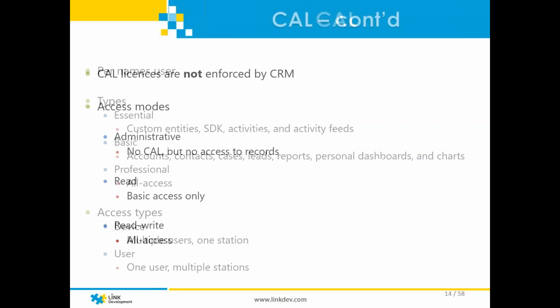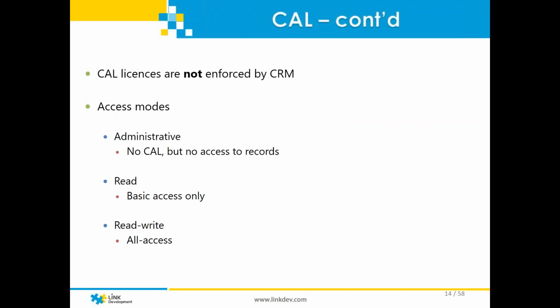One thing to note that's very important: CAL licenses are not enforced. I know you'll ask me about this, and it doesn't make any sense. What this means is that if you don't have a license, you can use CRM. Okay, so this is as simple as possible. If you don't have a license, you can use CRM, but that's not a good thing.